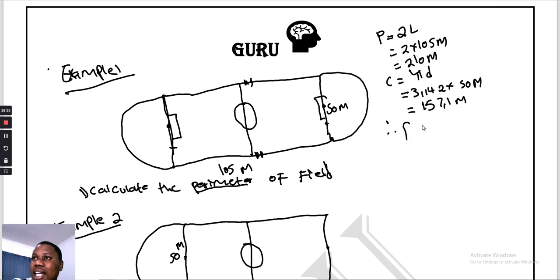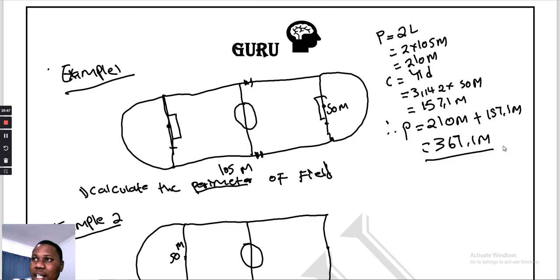Therefore, the perimeter of this field is going to be 210 meters plus 157.1 meters, which is equal to 367.1 meters. That is our total perimeter.